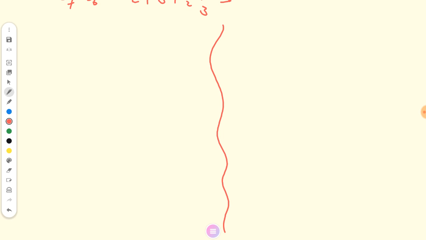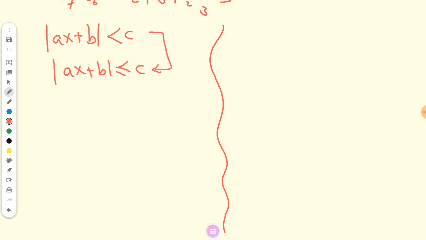First, the absolute value of ax plus b if it's less than c, or less than or equal to c, like this: absolute value of ax plus b less than or equal to c. How can we solve that form? I will solve the first one like this.